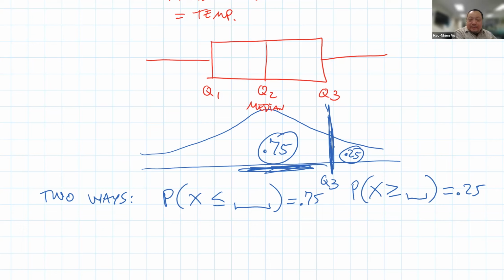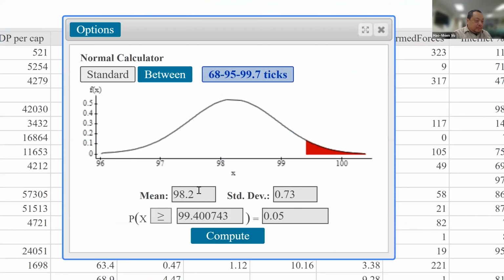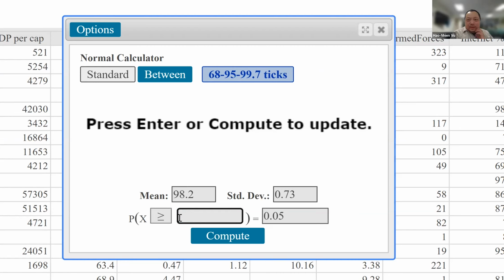I think you forgot to put in the mean and standard deviation. So if you leave the mean and standard deviation, you can do it. By the way, this is what you did. You did 75% here.